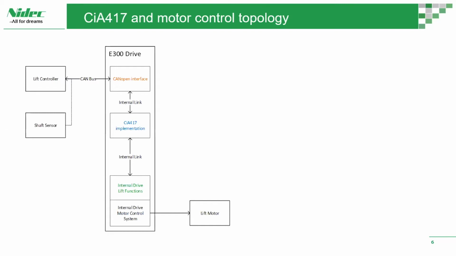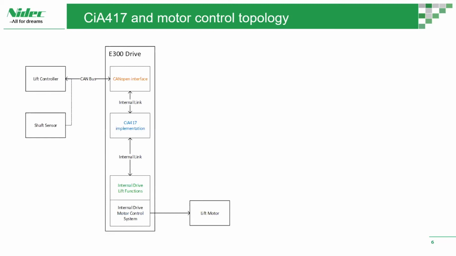But there are many ways that the drive can contribute to this relationship and make the overall performance of the lift better, as well as take on certain responsibilities that traditionally may have been implemented by the lift controller.